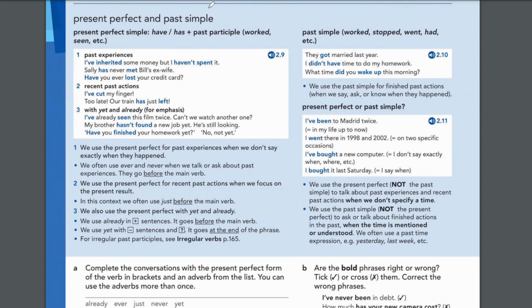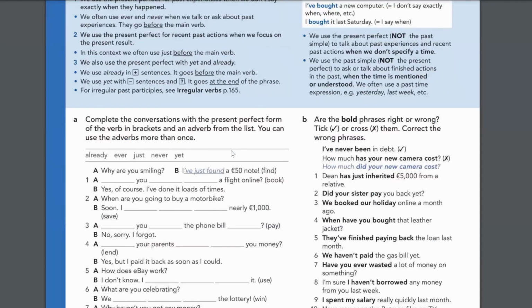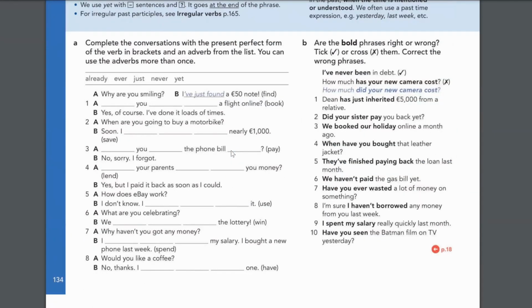Right, now we're going to do one question from each exercise here, and then the rest we're going to do in our online course. Exercise A, complete the conversations with the present perfect form of the verb.